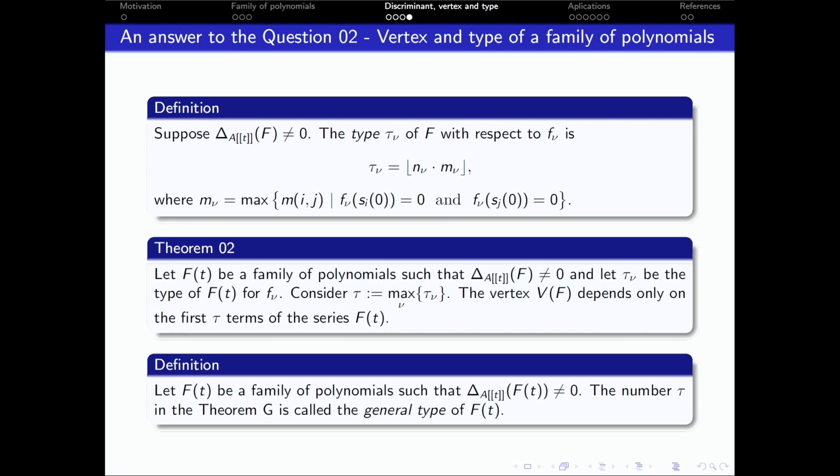So theorem 2 says that if you take the maximal of this number, it's enough to compute the vertex of that family. That is, if you take just the tau first terms of the family, it's enough to compute the vertex. So it's enough to compute the limit. And this number is called the general type.